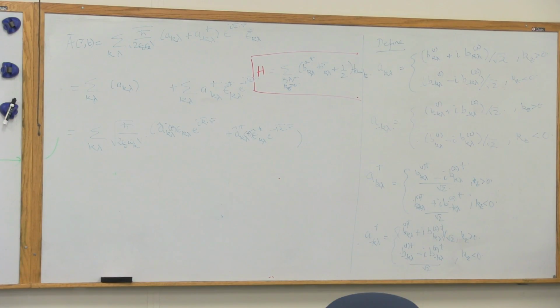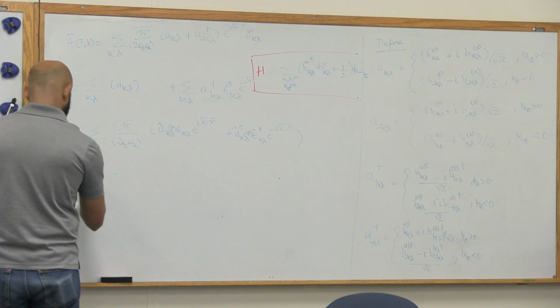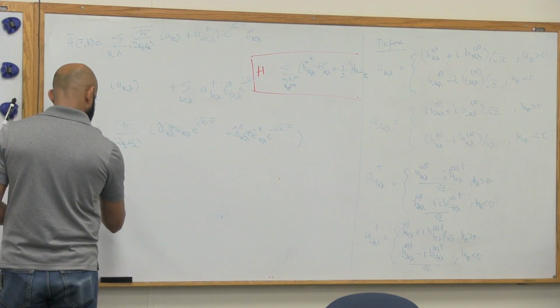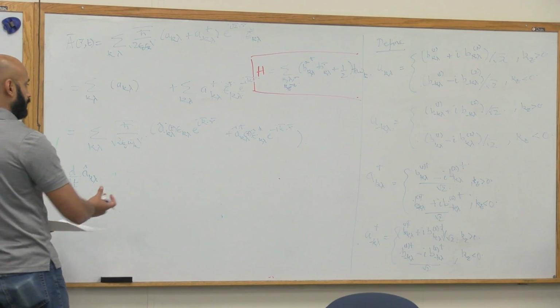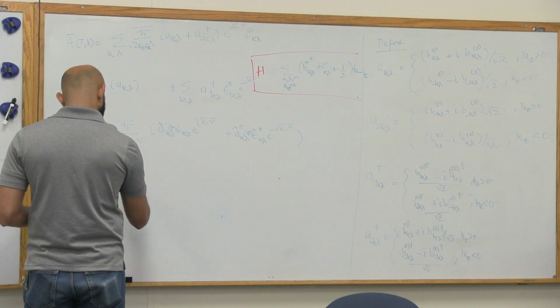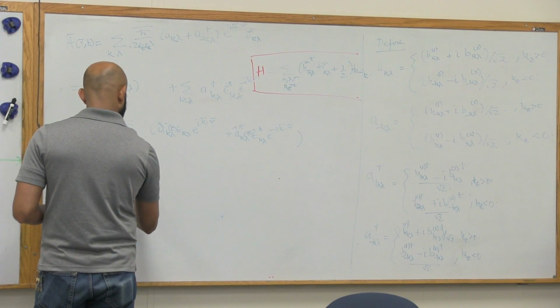So we need to calculate the time dependence of these operators. We can do that from the Heisenberg picture equation, which is just what we did for a single harmonic oscillator. But now we want to carry it out for each of the terms in this Hamiltonian. Well, that's fairly easy because of the commutation relation.